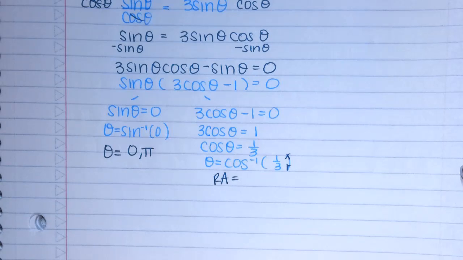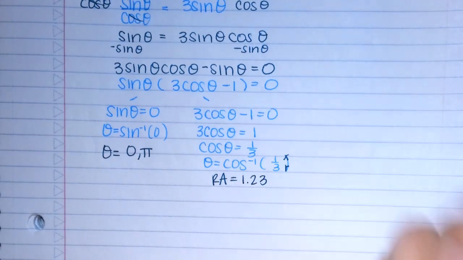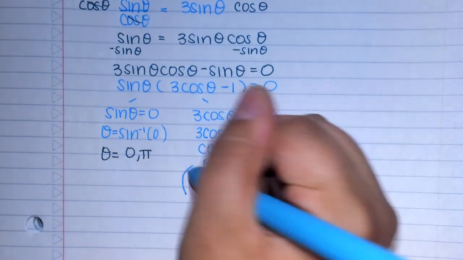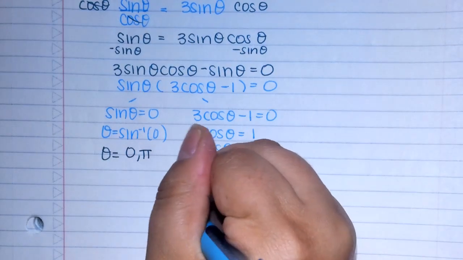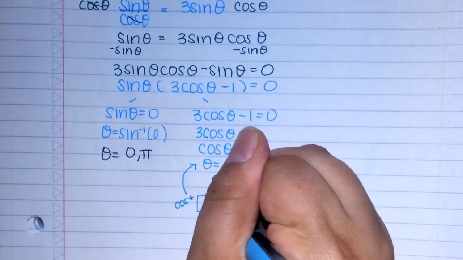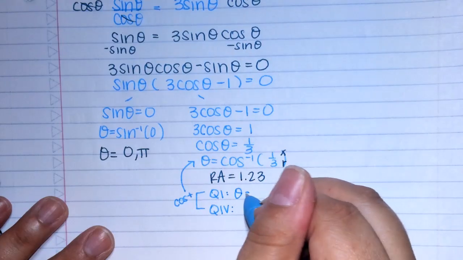All right. So we are going to do the inverse cosine of 1 divided by 3. If it is not extraneous and it's not on our unit circle, you're coming to the calculator. So what is my RA? 1.23. What quadrants am I in? Why 1 and 4? Cosine is positive, so I'm going to be in quadrant 1 and quadrant 4. How do I find theta in quadrant 1? It's just RA.